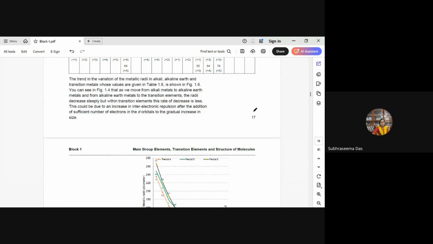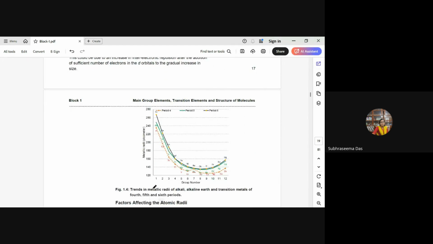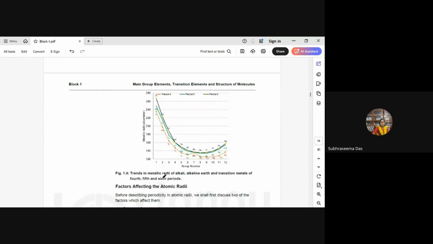The trend in the variation of the metallic radii in the alkali, alkaline earth and transition metals that we have seen above is shown in figure 1.4. This shows the trends in the metallic radii of elements present in group 1, group 2 and the transition elements, for periods 4, 5 and 6.